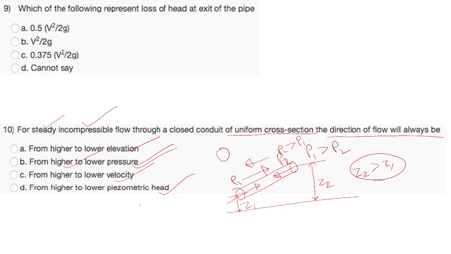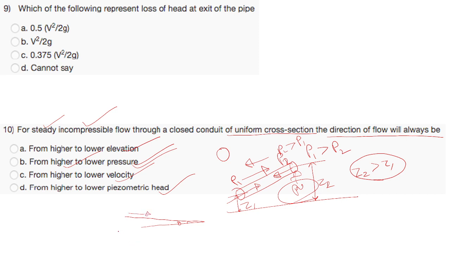But in case of the open channel, it is from higher elevation to lower, because the water is flowing by slope, not by any external pressure. Here in the pipe we provide the pressure by an external pump or motor. But in open channel, flow is always due to gravity or slope.